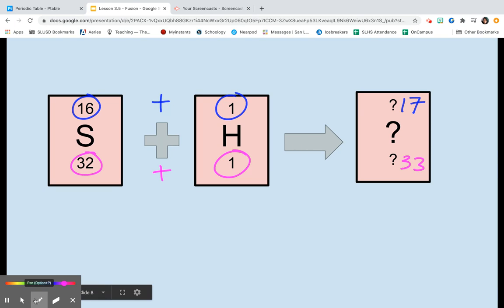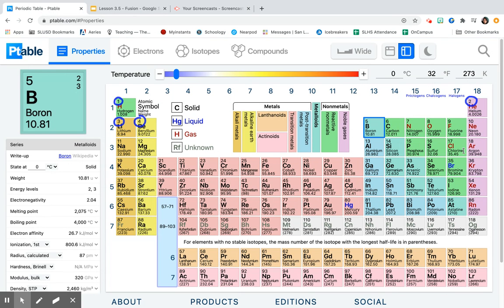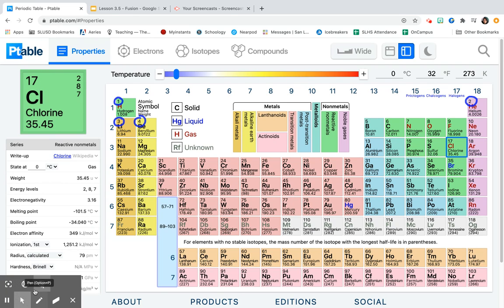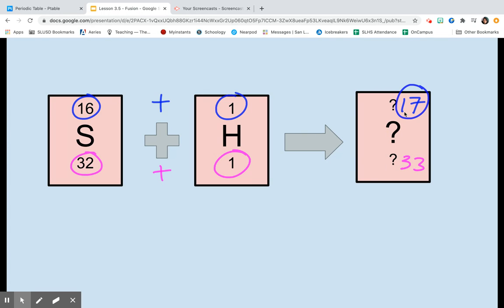To figure out what element this is, I need to look for element number 17 on my periodic table. Looking at the periodic table, element number 17 is Cl, or chlorine, because my top number, known as the atomic number, is 17. So this element is going to be chlorine.